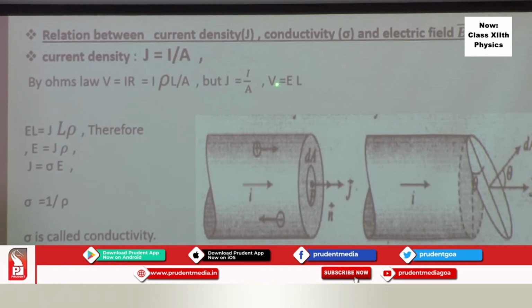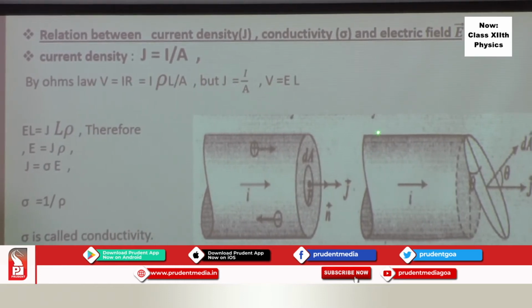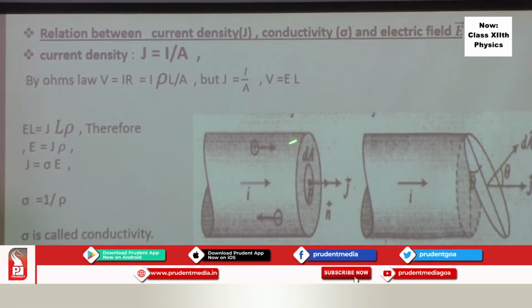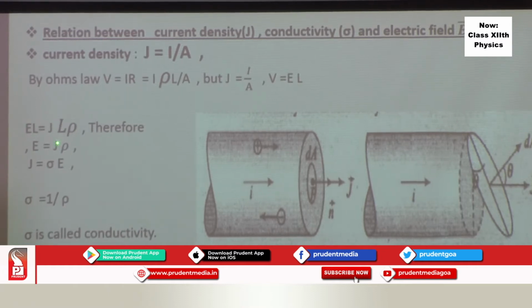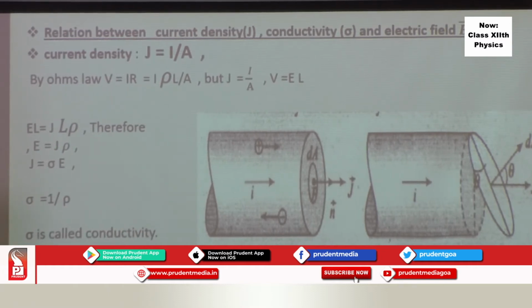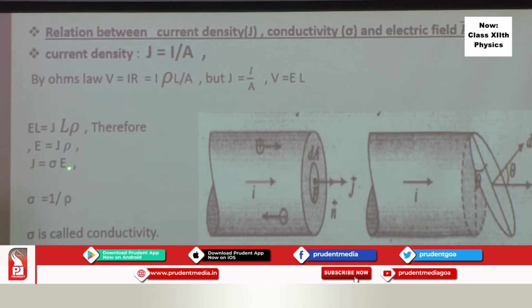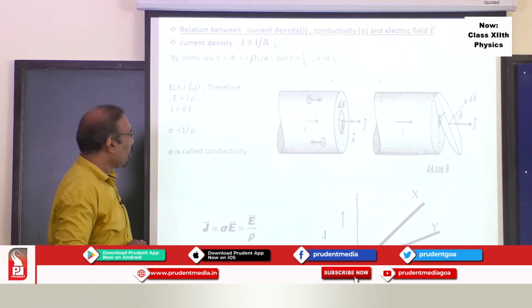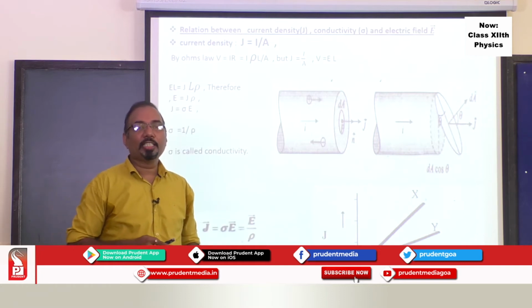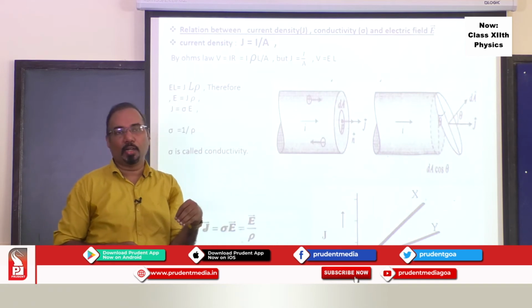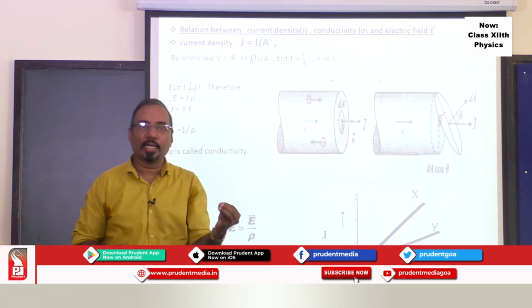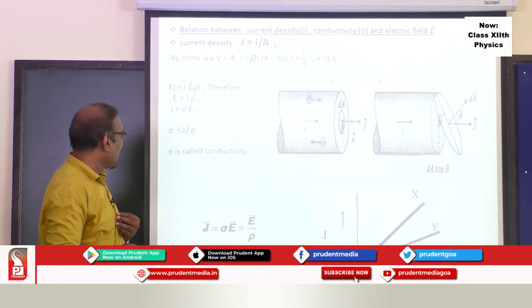V is equal to EL, the potential difference between the ends of the conductor, which is the electric field times the length of the conductor, E into L. If you substitute this, you will get the electric field E is J into ρ. So current density J is equal to σ into E, and σ is called the conductivity, which is the reciprocal of resistivity. If conductivity is high, resistivity is low. If resistivity is high, conductivity is low. That's what you can understand here.